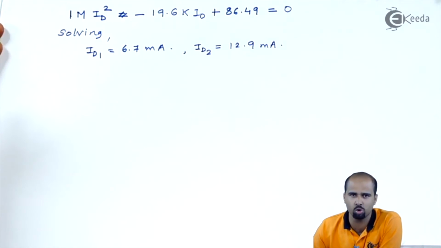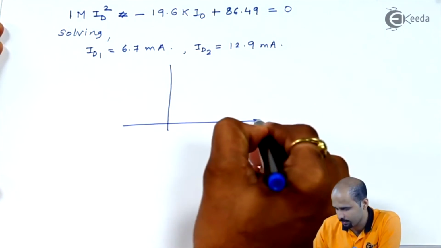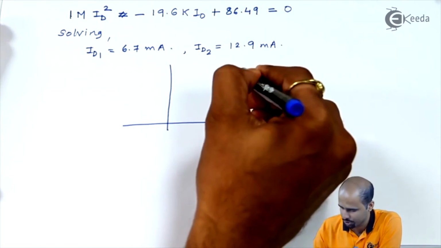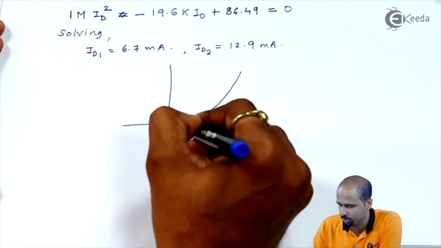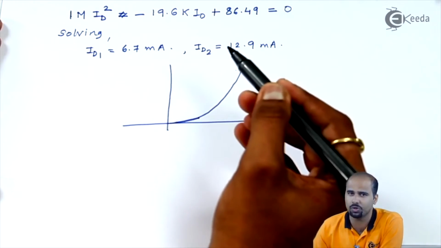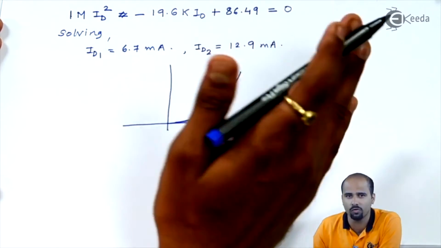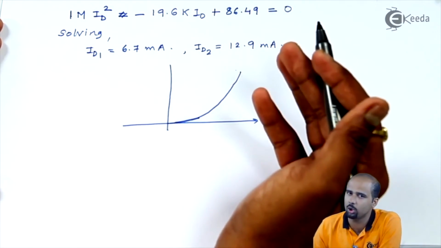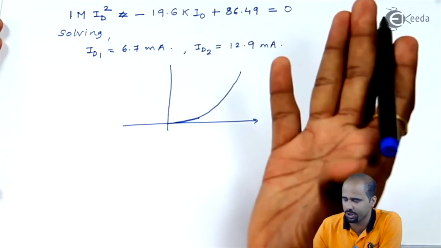whether ID1 is the true value or ID2 is the true value, but still we can use the logical sense of characteristics of EMOS, right? As we don't have the value of IDSS, we can still make use of the value of VGS. VGS value should always be greater than the value of VTH, that is 0.7 volts in this particular case.